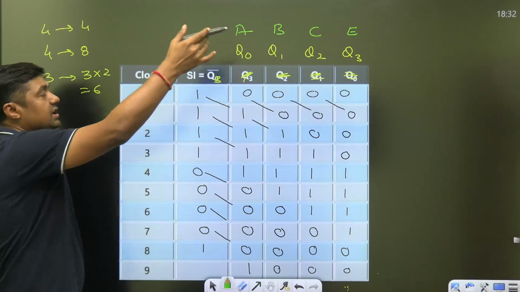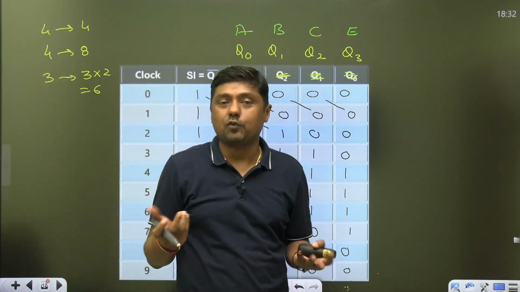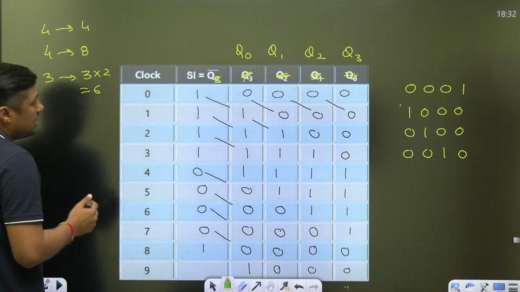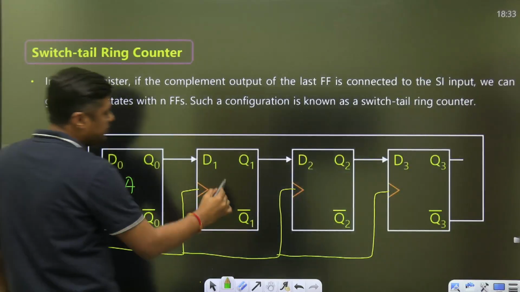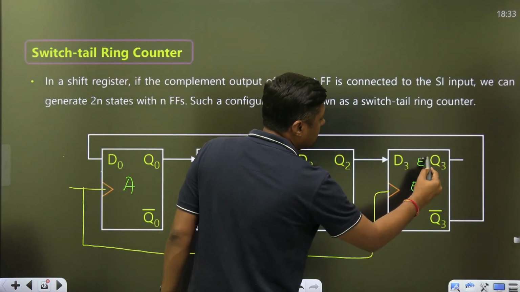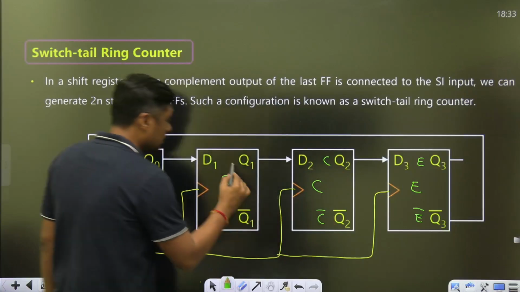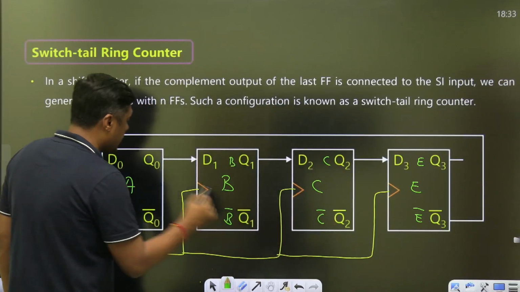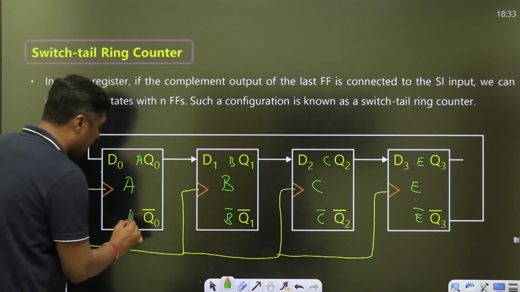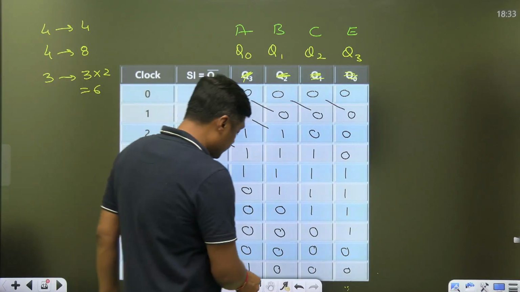So A, B, C, E. I am not using D because D is the general name for the D flip-flop. So this will become E and this will become E bar. This is C, C bar. B, B bar. And this is A and A bar. Now, what is the decoding logic here?